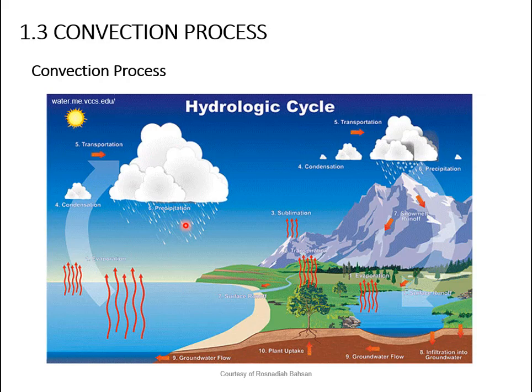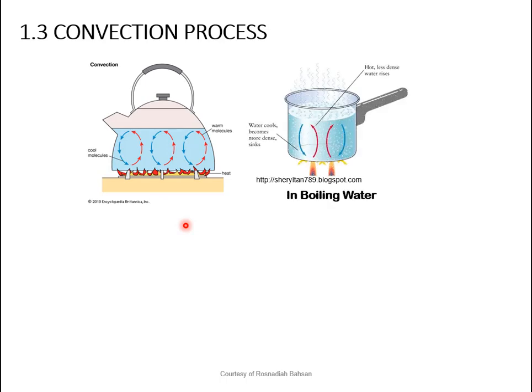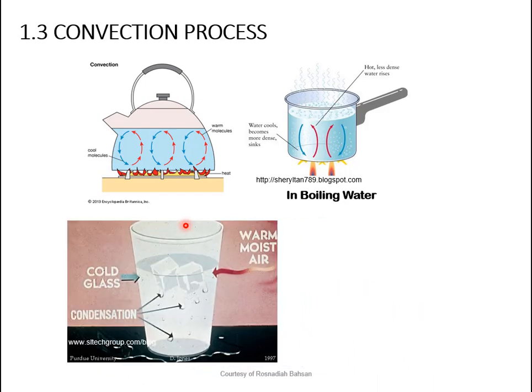There is also the hydrological cycle as an example of the convection process. There is also a convection process inside the kettle, where there is moving fluid due to the heat. Cool molecules and warm molecules interact so that convection happens. Boiling water is also convection.